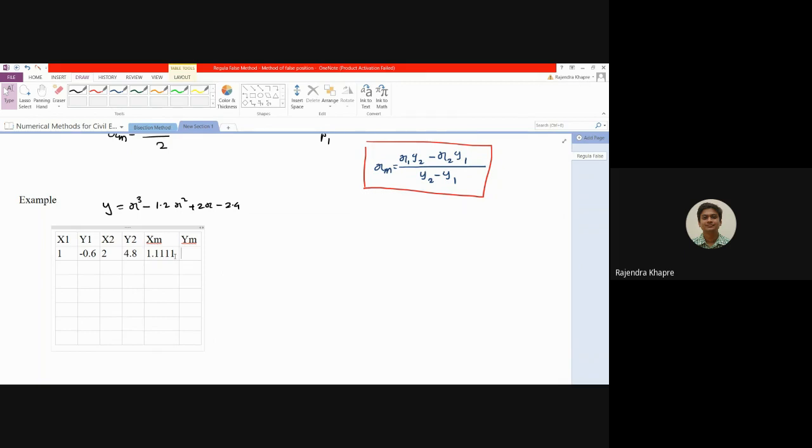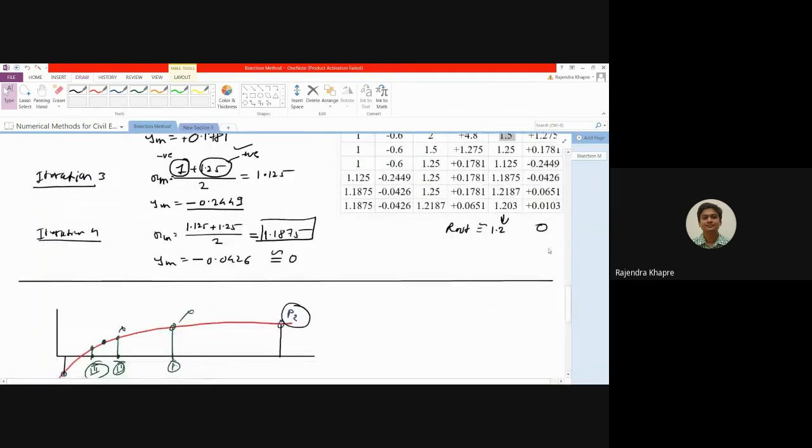How much is it coming? Minus 0.2878. Is it so? Yes, sir. Someone please cross check. Yes, sir, it is coming. Good. So if you refer to the previous one, our actual root was 1.2, isn't it?